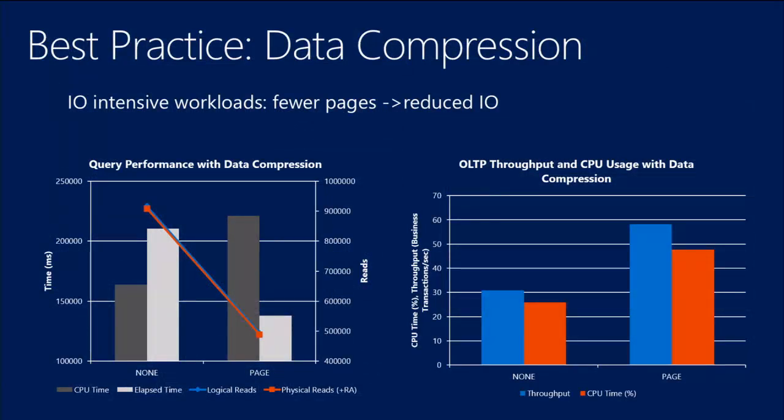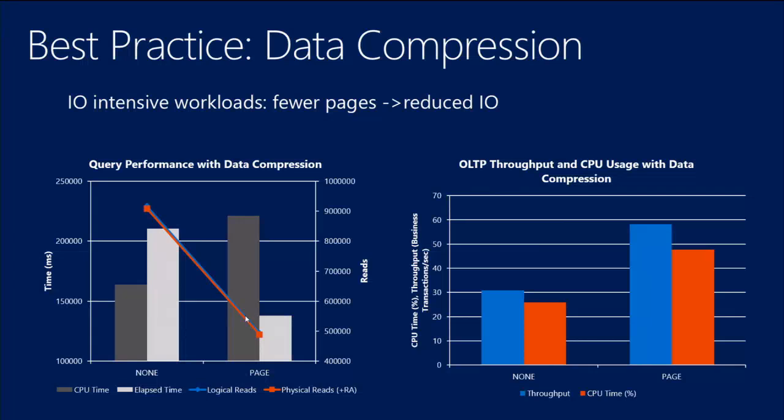I mentioned data compression. Here are some examples of some I/O-intensive workloads. The first one is a data warehouse type workload where you're doing lots of sequential reads. Let me explain how to read this. This is with no compression. This is with page compression. And then you've got CPU time.